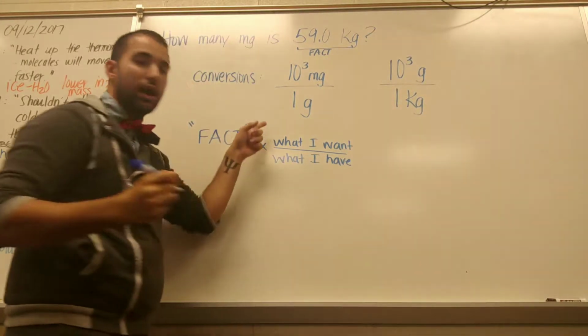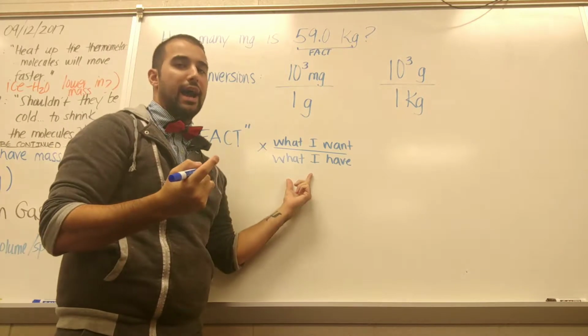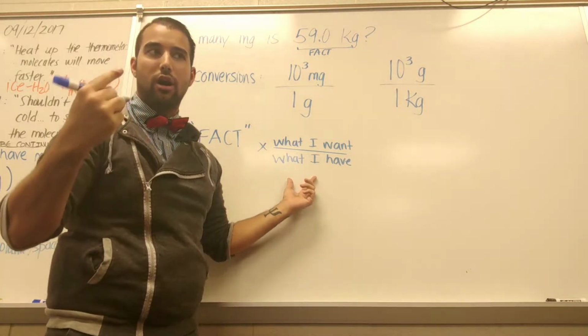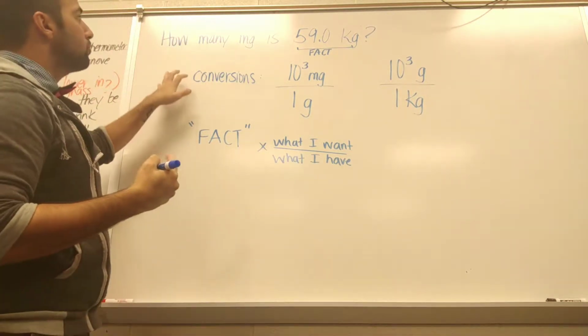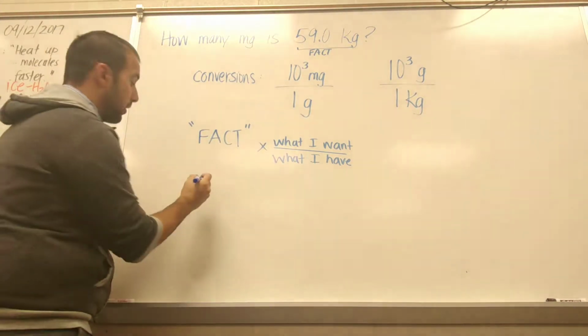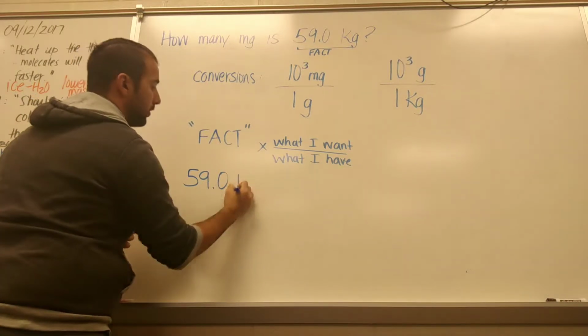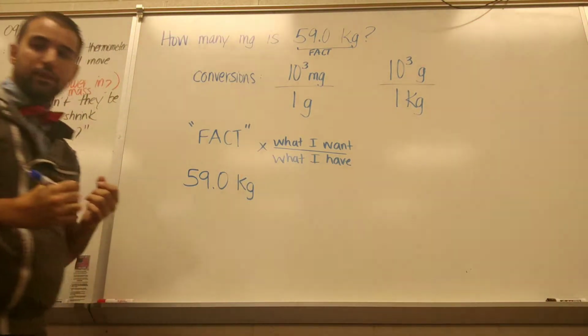When I say what I want, it's what unit do I want? And when I say what I have, it's what units are given to me. So in this problem, I was given 59.0 kilograms.